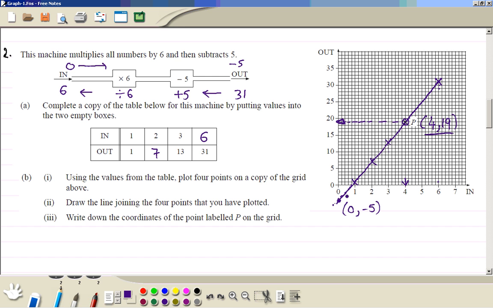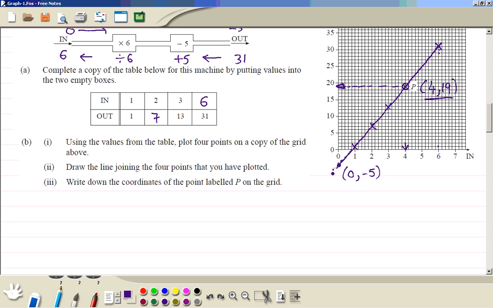So this graph, if you write it as an equation or as a function, is y equal to 6x minus 5.